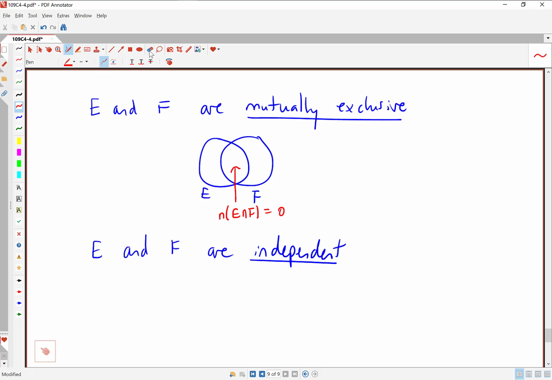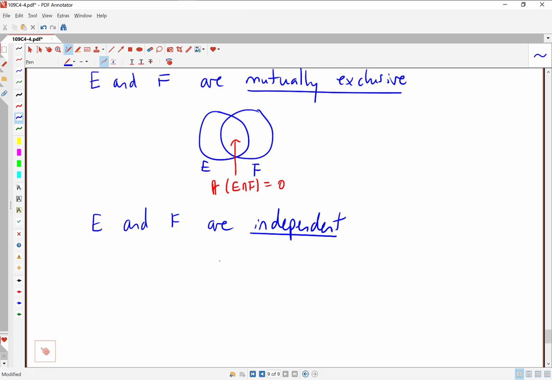Or if you were talking about probabilities, you could equally well say the probability of E intersect F is 0. So mutually exclusive just means can't happen at the same time. That'd be something like, I'm wearing slippers and I'm wearing sandals. I can't do both at the same time. So wearing slippers and wearing sandals are mutually exclusive, just to give you a silly example.